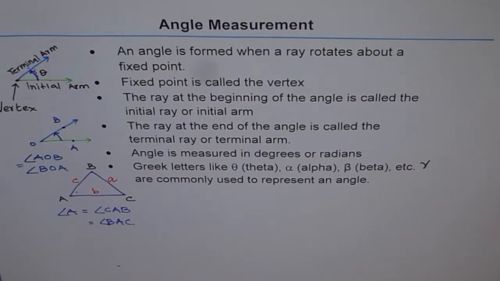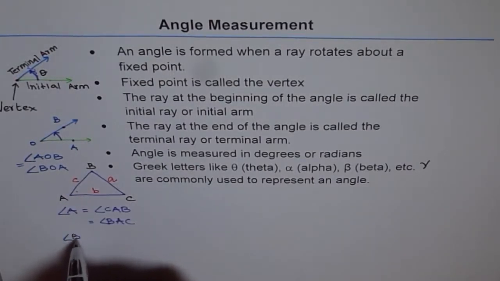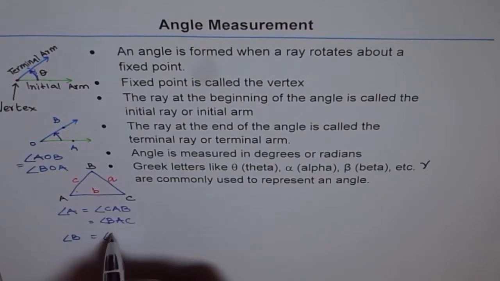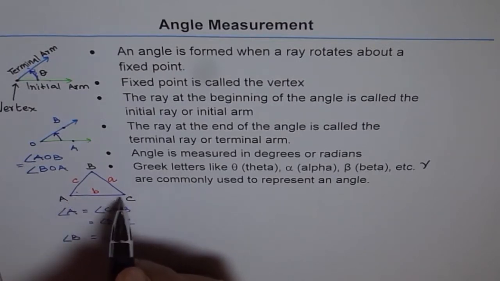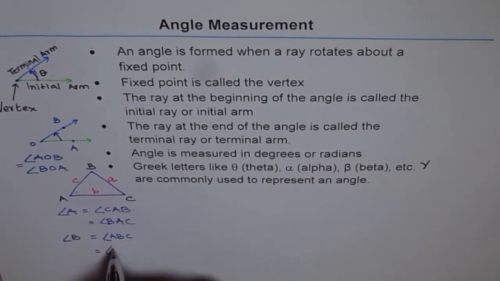Similarly, what is angle B? Angle B equals angle ABC, which is the same as angle CBA, okay? Or, as I said, you could use alpha, beta, gamma to write angles.